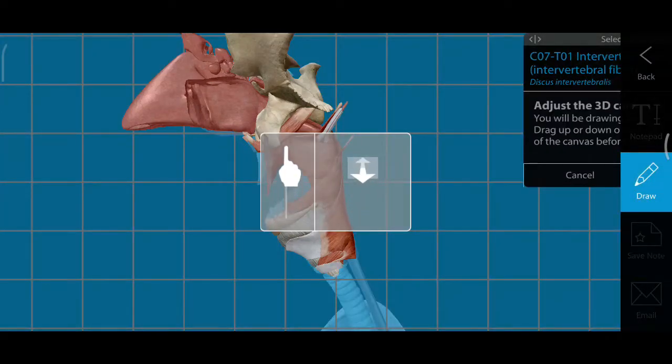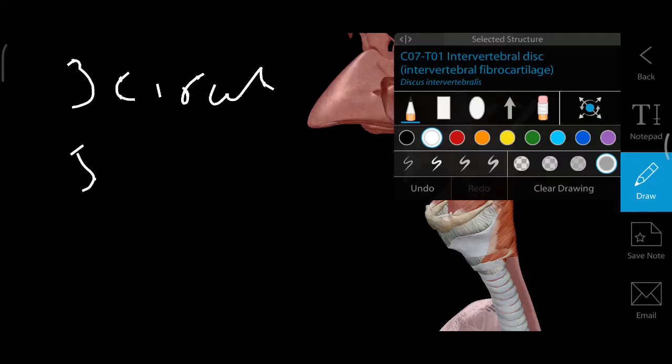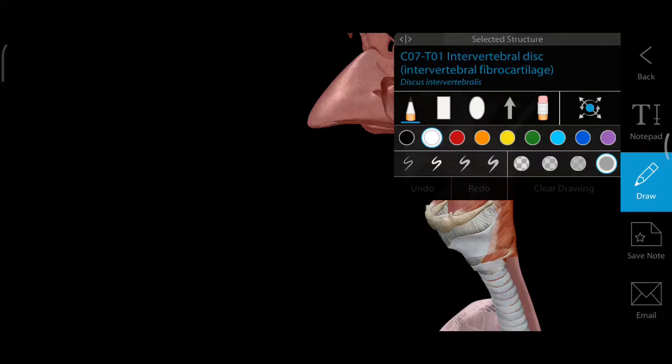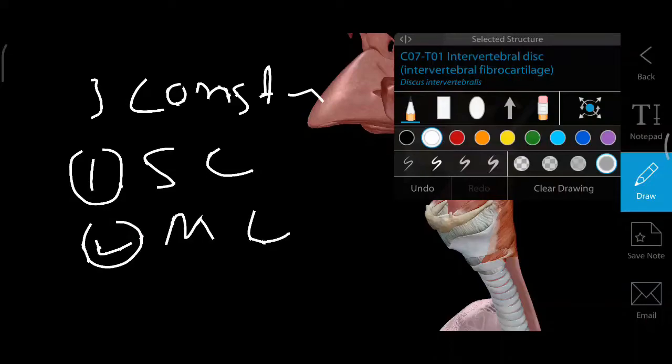So we have six muscles. We have three circular and three longitudinal. For circular, we have three constrictors. The first one is the superior constrictor, the second one is the middle constrictor, and the third one is the inferior constrictor.